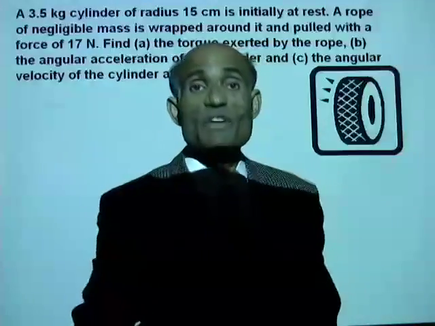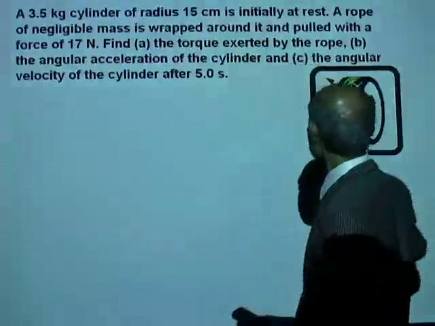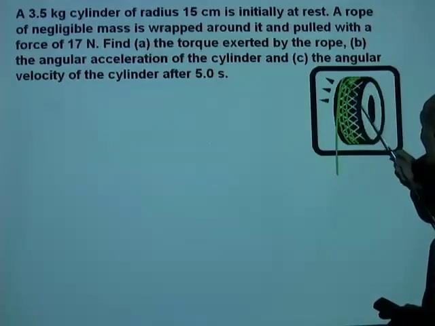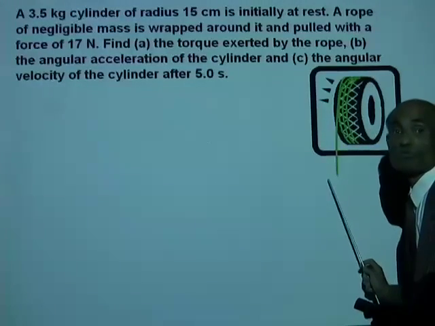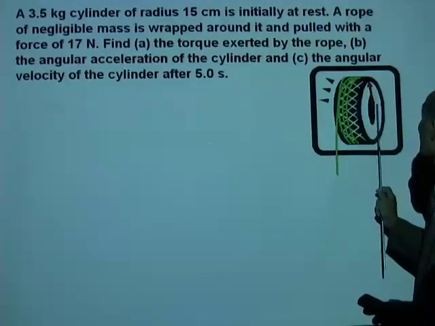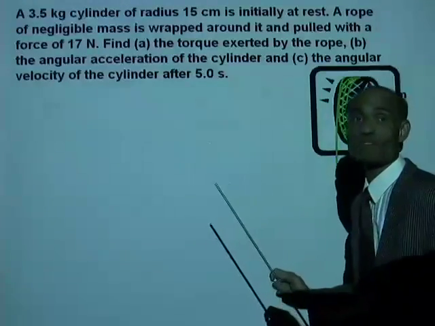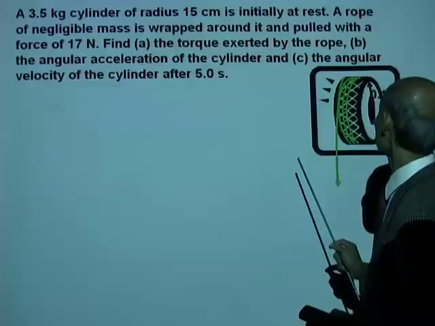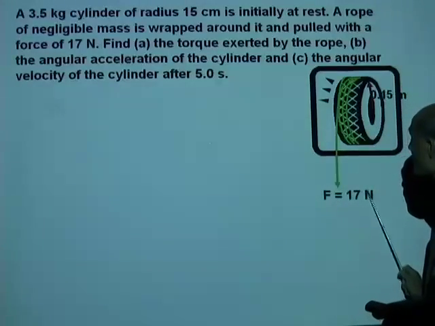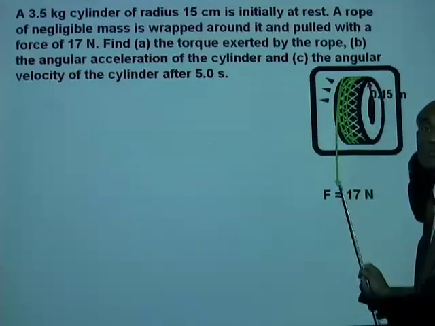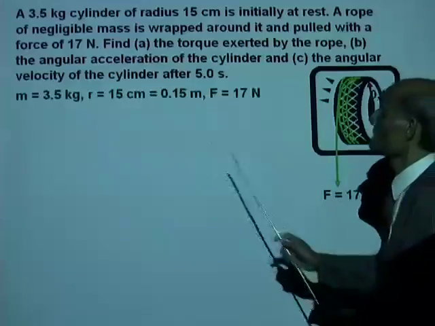Well, this is our cylinder and the rope is wrapped around it, and we pull the rope by a certain force. The radius of the cylinder is 0.15 meter. The force that you apply on the rope is 17 Newton.